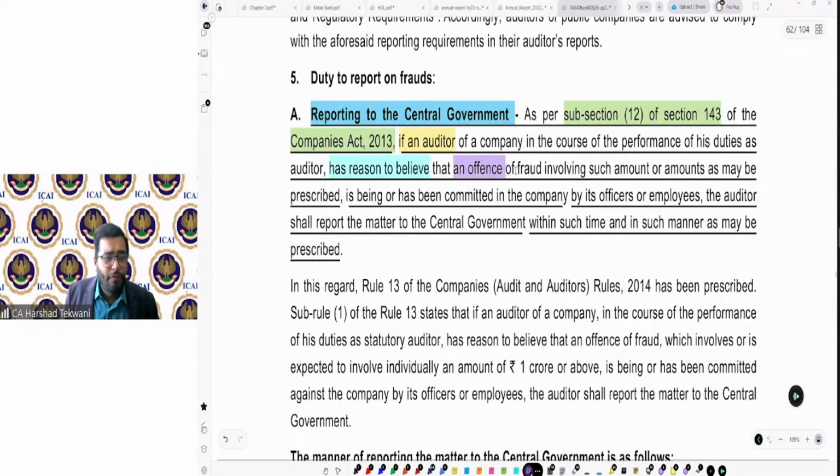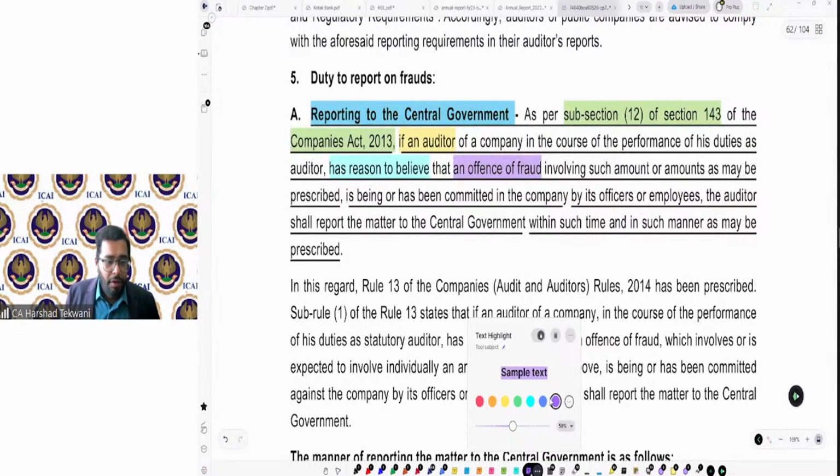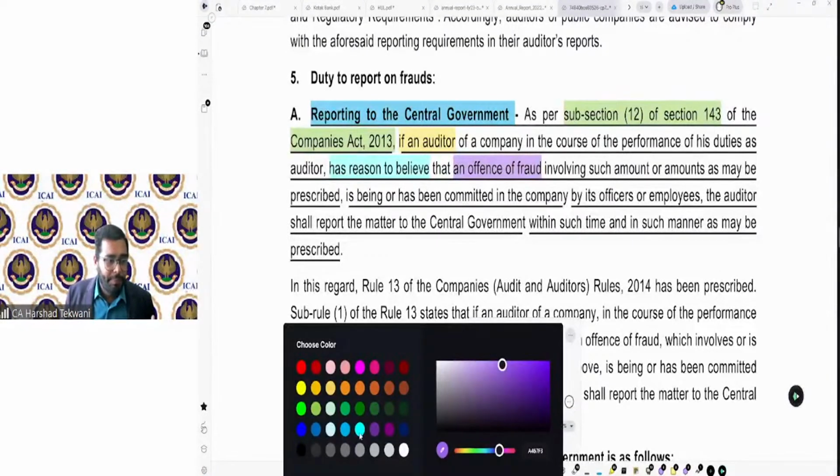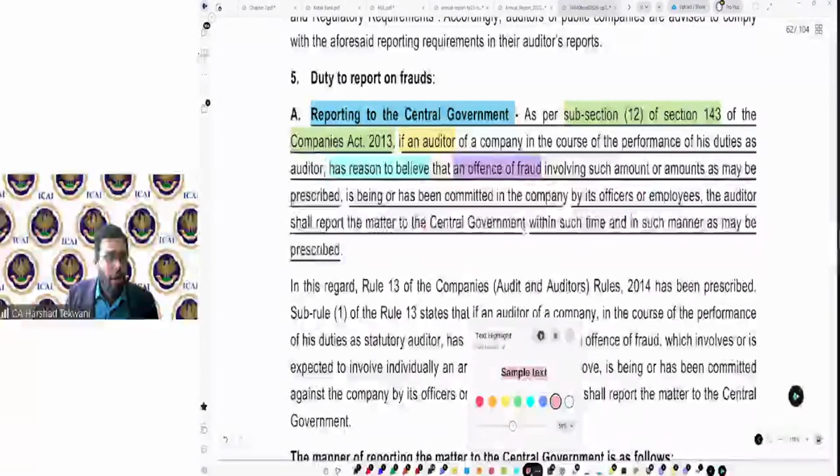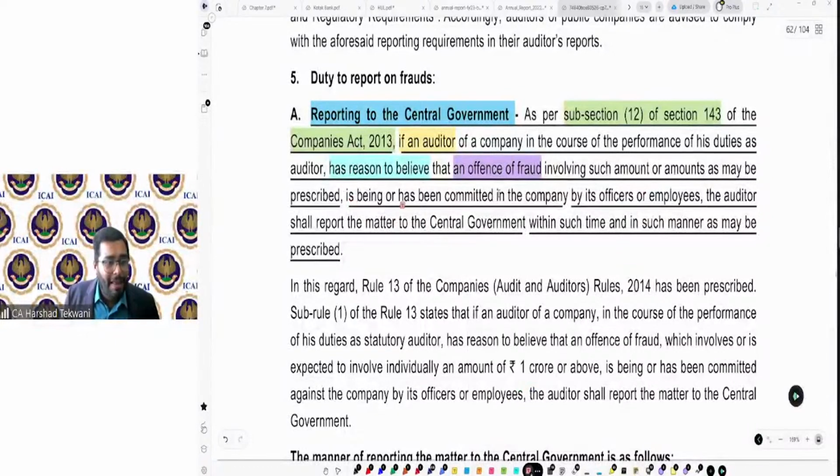So again, when he has a reason to believe that an offense of fraud involving such amount, we'll talk about the amount in a while, is being committed or has been committed, that is, as of now or in the past.